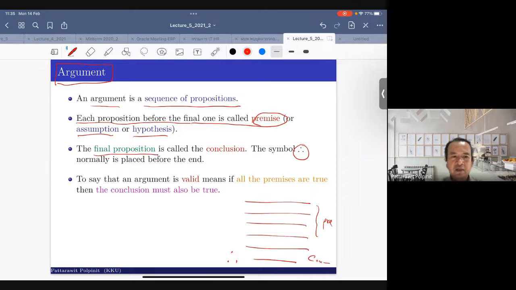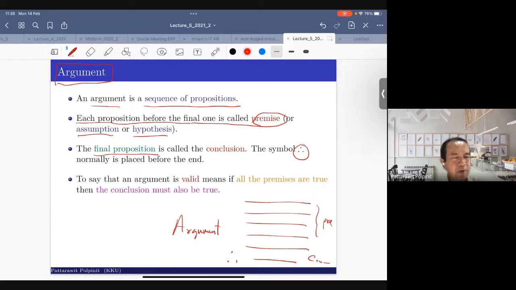Now this is an argument. An argument can be valid or invalid. A valid argument means that if the conclusion can be drawn from all your premises, then the argument is valid.